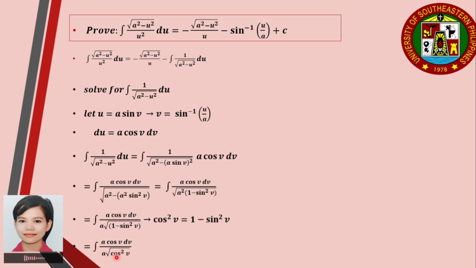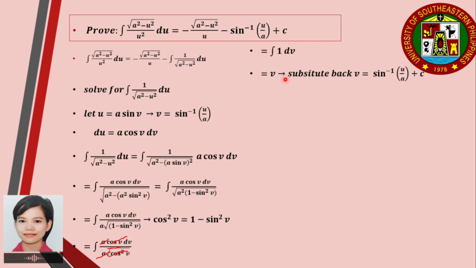So what is the square root of cos squared v? It is cos v. So we can simply divide a cos v by a cos v, and we can have the integral of 1 dv. So this is very easy. What is the integral of 1? The integral of 1 is v.